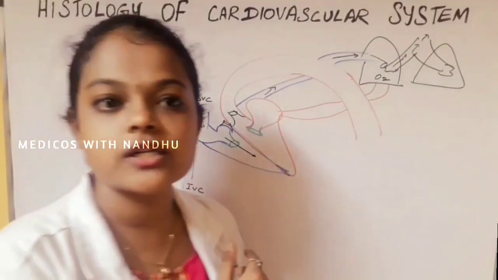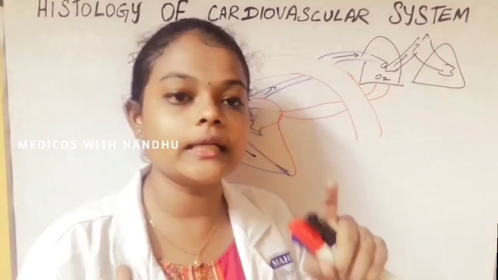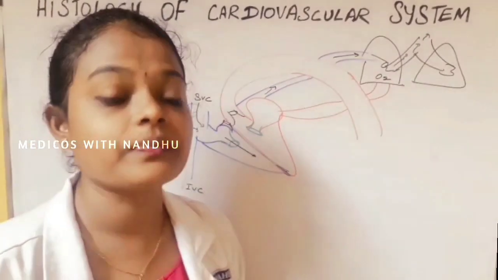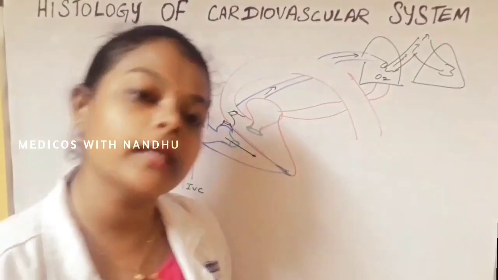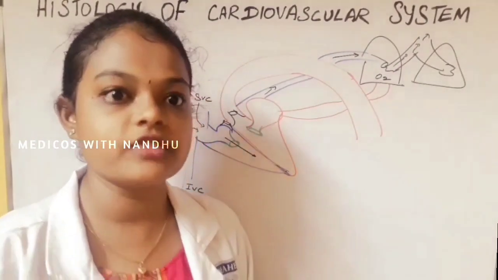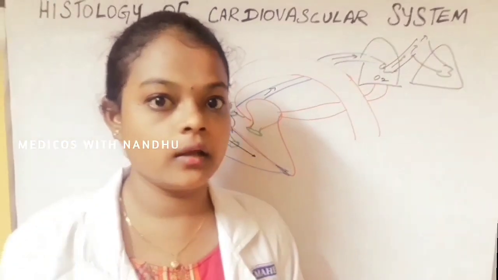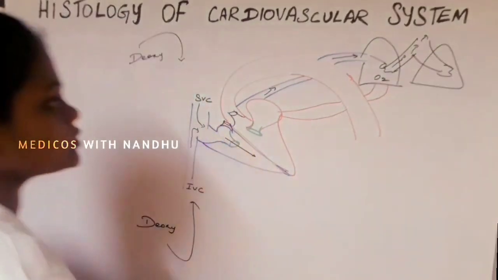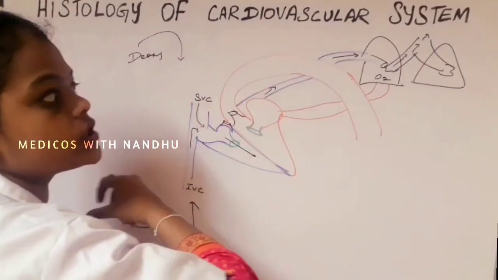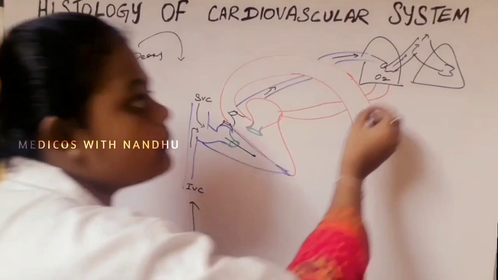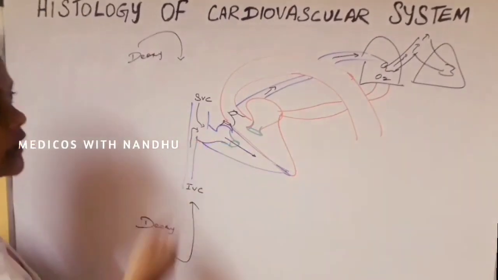But in two arteries and two veins, it is interchanged. One is the pulmonary artery and pulmonary vein, and another is the umbilical artery and umbilical vein, which connect the womb of the fetus and the mother. So the pulmonary artery collects the deoxygenated blood, and the pulmonary vein collects the oxygenated blood.